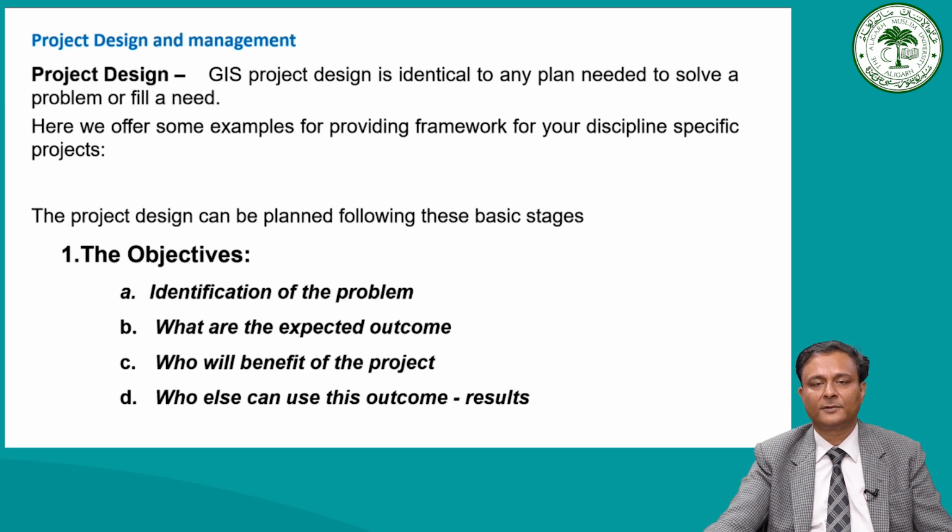So first, I would say, formulate the objectives. Now these objectives need to be crisp and clear. So what can you do for formulating objectives? First, you need to identify the problem. So the first stage would be identification of the problem.